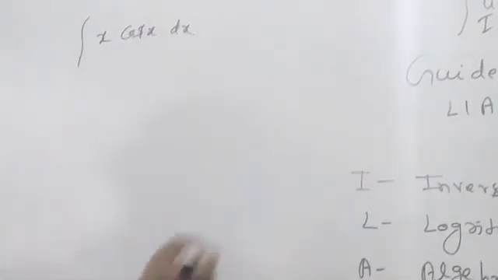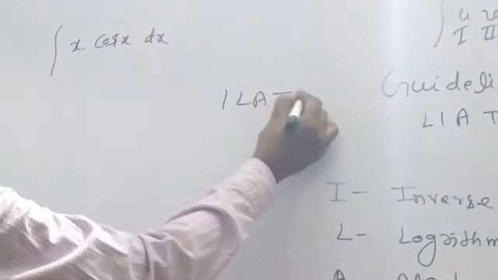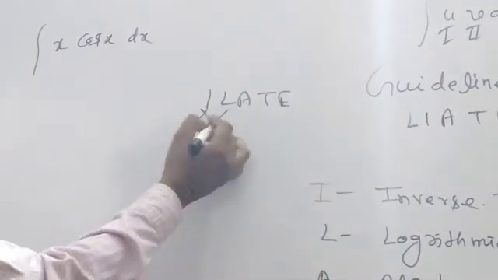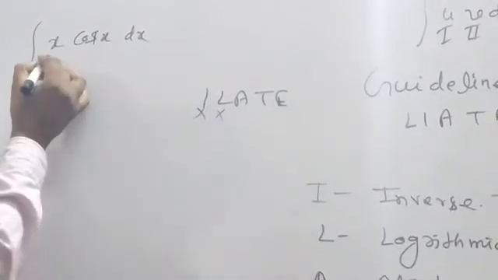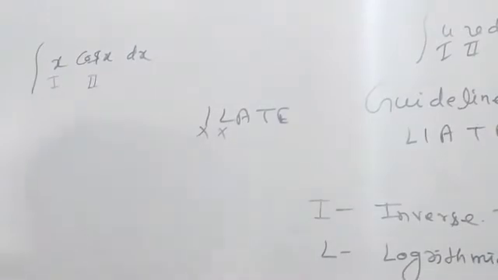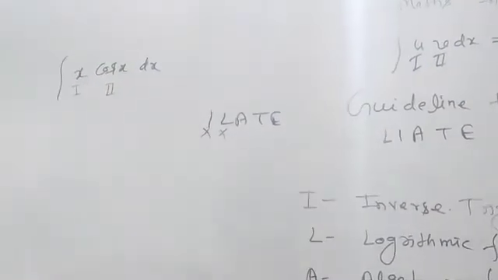According to ILATE, there is no I, no log. Algebraic means this is the first function, trigonometric means this is the second function. Understood? x is the first function, cos x is the second function.